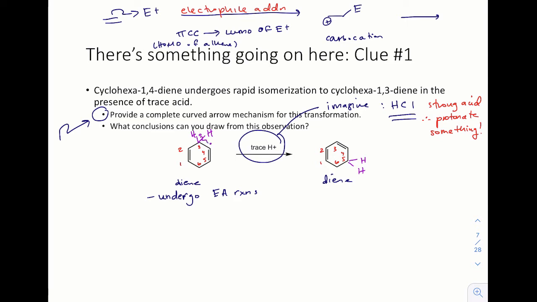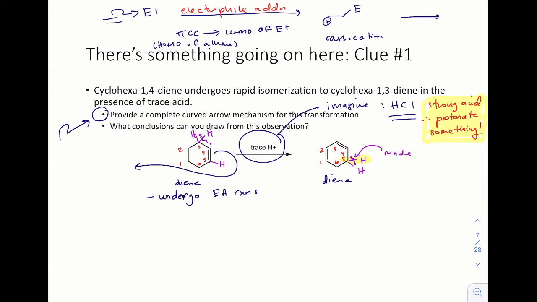We can see that a carbon-hydrogen bond between carbon 3 and hydrogen is broken, and that a carbon-hydrogen bond will be made between carbon 5 and hydrogen. Keeping that in mind, that this bond is made, what should hydrochloric acid protonate?